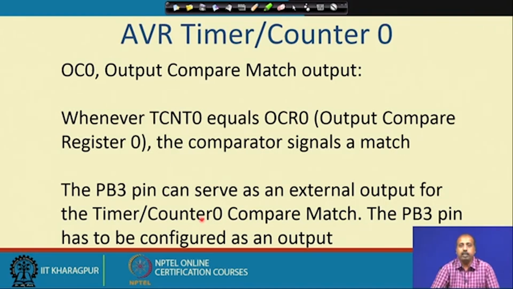So, to the external world you will know that there is a match in the current value. We can use it for triggering many other operations, maybe in some other devices.